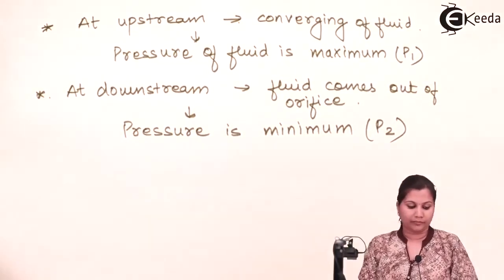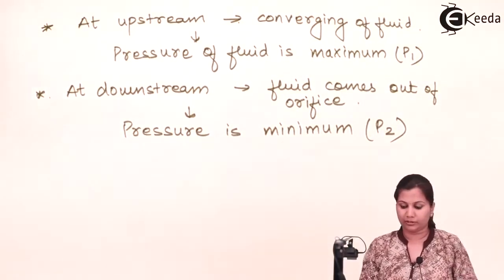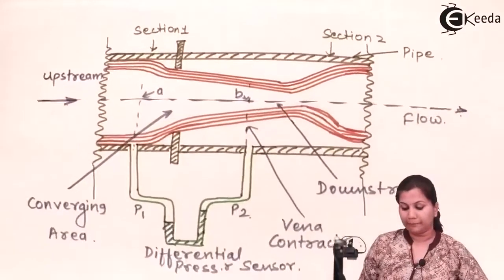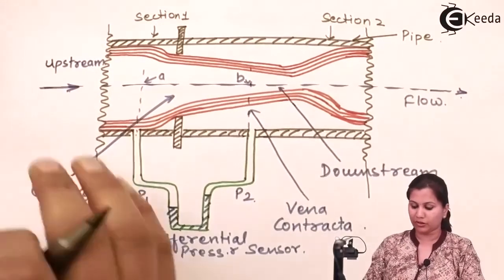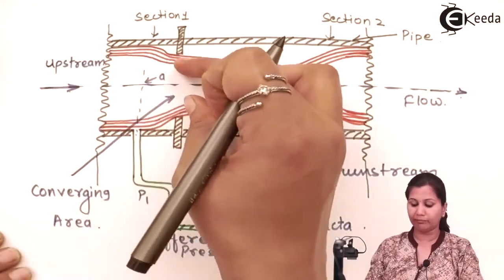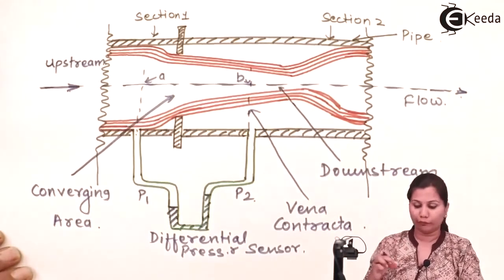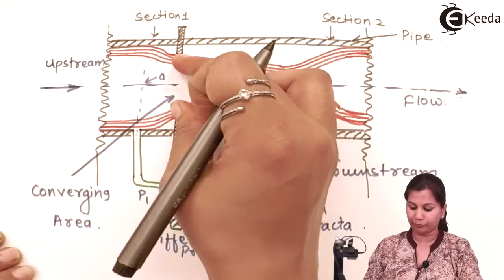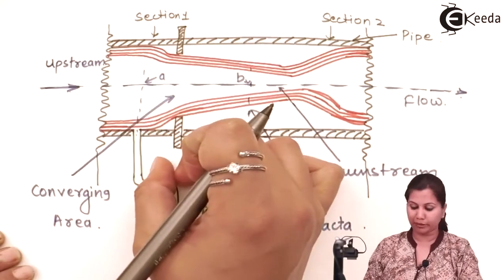So when the fluid is converging, it will be having the minimum velocity, because velocity is less at this part, because it is providing very minimum restriction to the fluid. So velocity will be less, but pressure will be maximum. So P1 is maximum pressure.